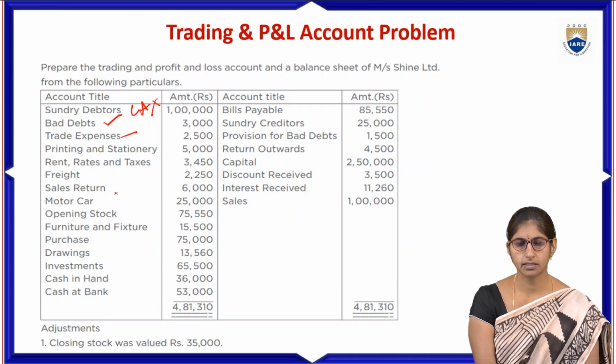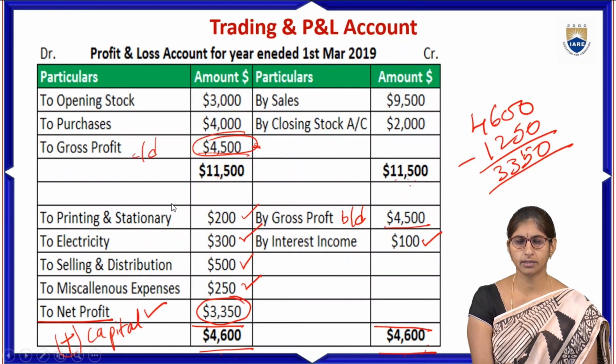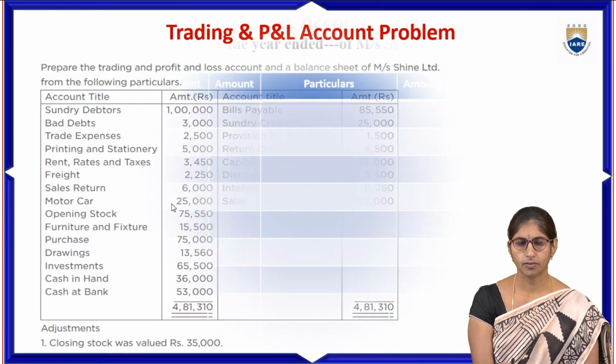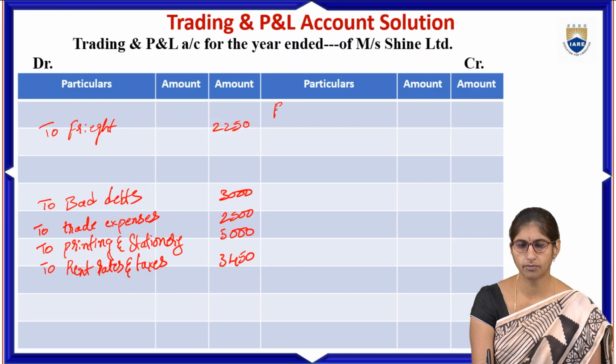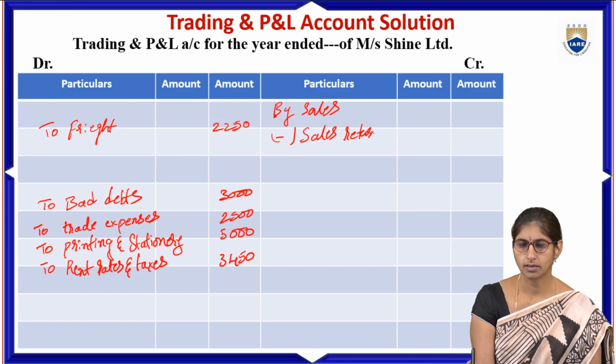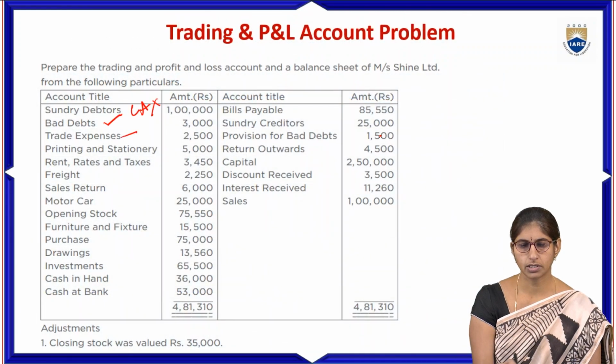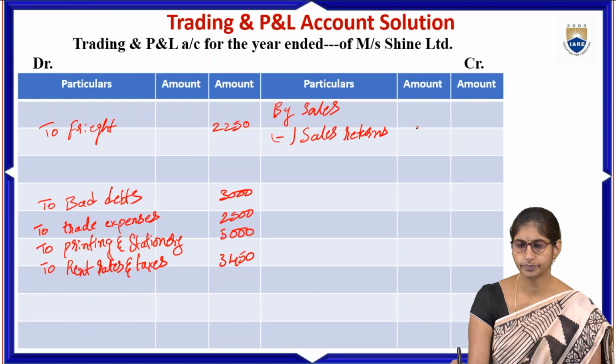Sales returns is a trading account item, so we have to deduct from sales. So first we have to write by sales. The amount is not known right now. So now first we'll write sales returns. So sales returns is 6,000.